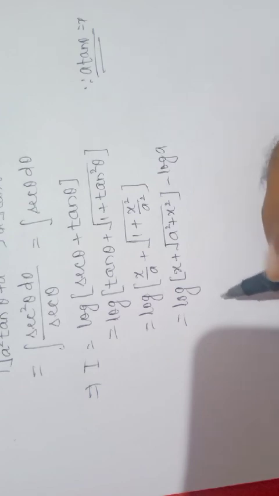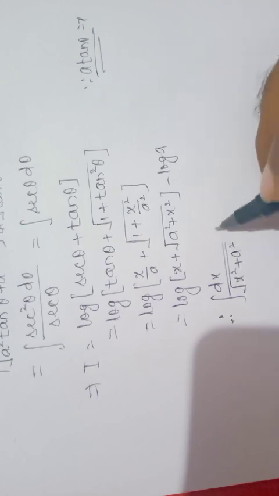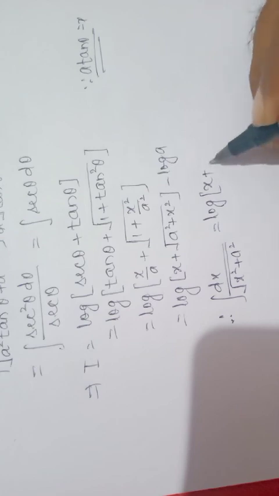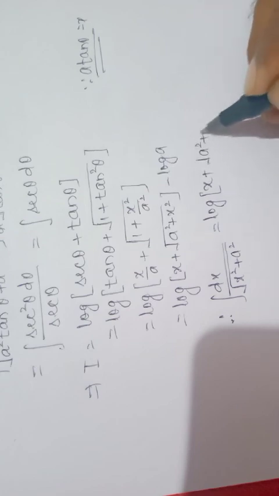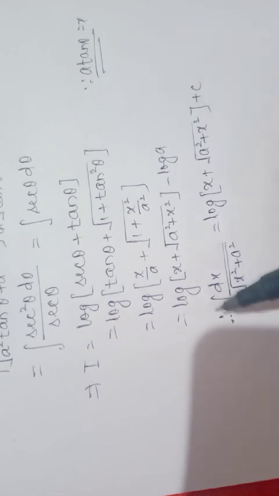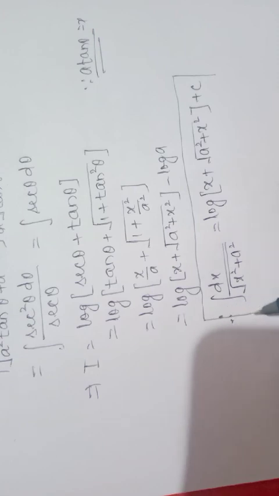So I, means integral of dx by under root x square plus a square, will be log x plus under root a square plus x square plus integral constant c. Again you must learn this as an identity also. It is not only a problem, also an identity.